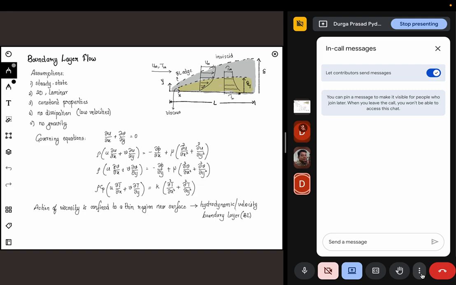But I'm saying there is a higher velocity on the top. So somewhere in between, the velocity has to change from 0 to this value. There will be a steep change, followed by a gradual one, and eventually it becomes uniform. Wherever this steep change is, that is what we call the boundary layer region. And in the other region, where the velocity gradients are negligible, we call that the inviscid region.